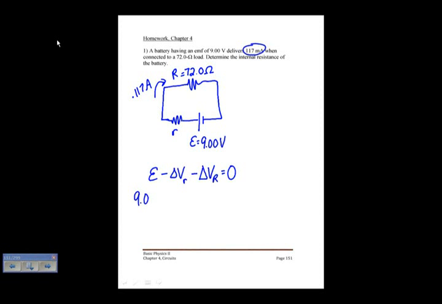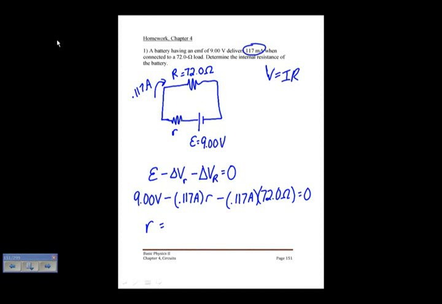I have 9 volts is my EMF of the battery, minus V is equal to IR, that's Ohm's law. So delta V for little r is going to be my current, 0.117 amps times little r, minus 0.117 amps times big R, which is 72 ohms. And then that's equal to 0.